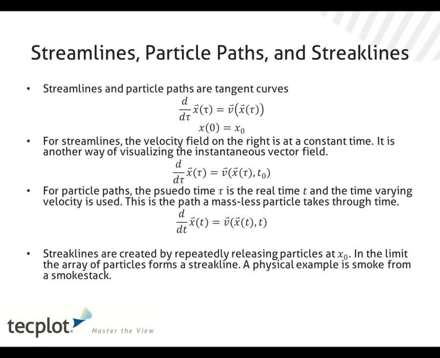Particle paths, I think, have a more significant physical meaning, and that is, everyone understands releasing a balloon in the atmosphere and watching it move around, and that's basically what you're doing with these integrations. The difference between that and the streamline is that you're integrating the actual velocity that is varying through time, and so this gives you a line which represents a space-time curve.